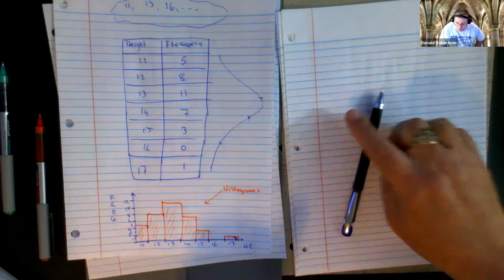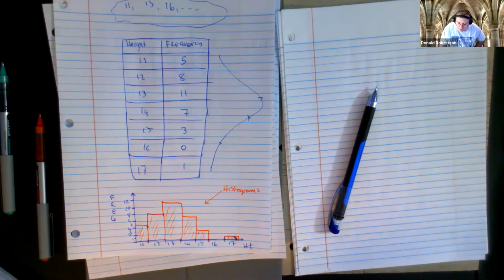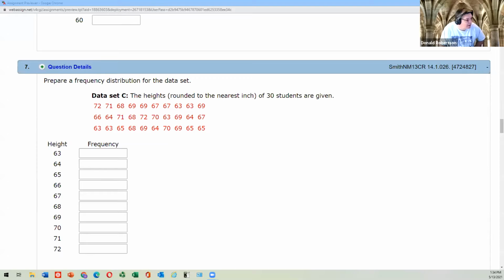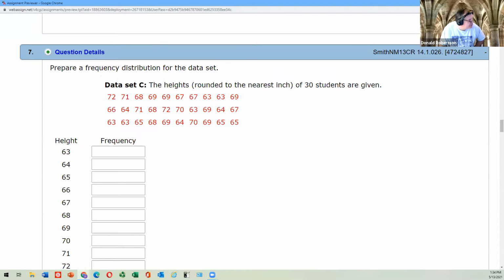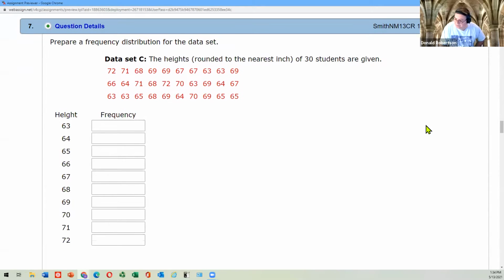Now I'm going to show you a question on the homework where you're creating one of these tables. I'm just going to tell you how I do these tables, because you know my scanning is horrendous, right?